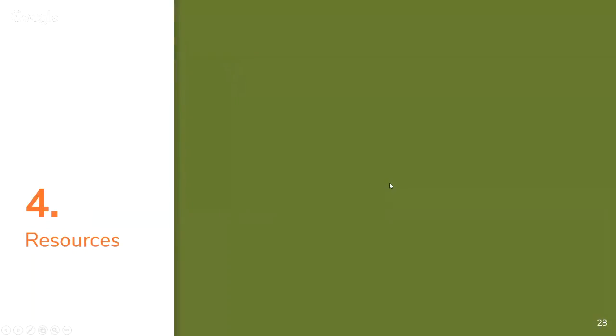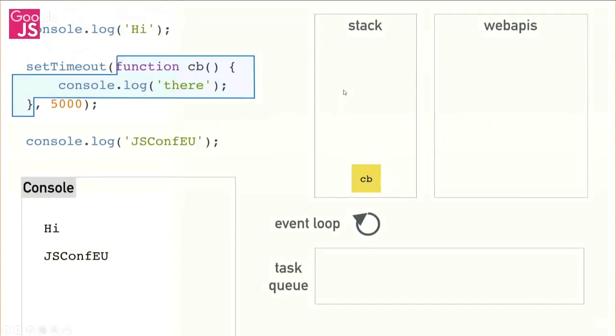The event loop's only job is to monitor the stack here and the task queue and make sure that once the stack is empty, it pushes code that's waiting in the task queue onto the stack. And with that sequence of events, we get that the output in the console is hi, JSConf EU, and once the callback finishes, we log there here finally. And that's pretty much it.